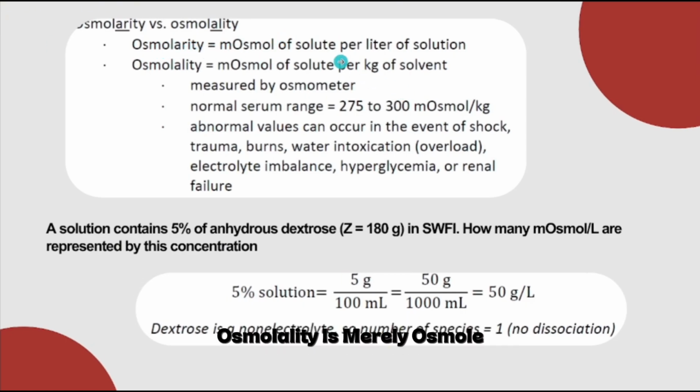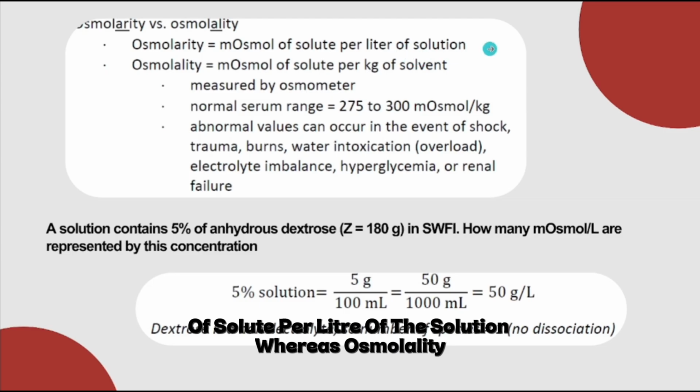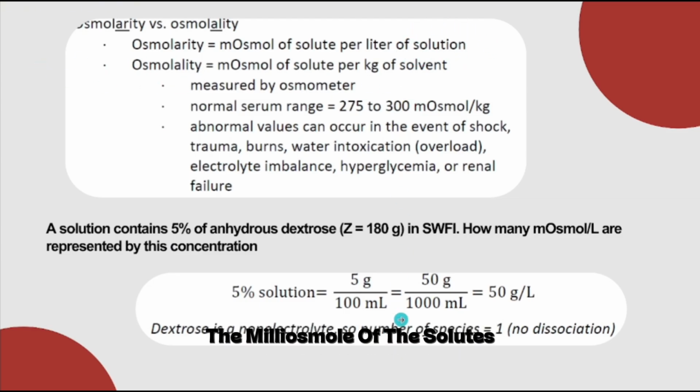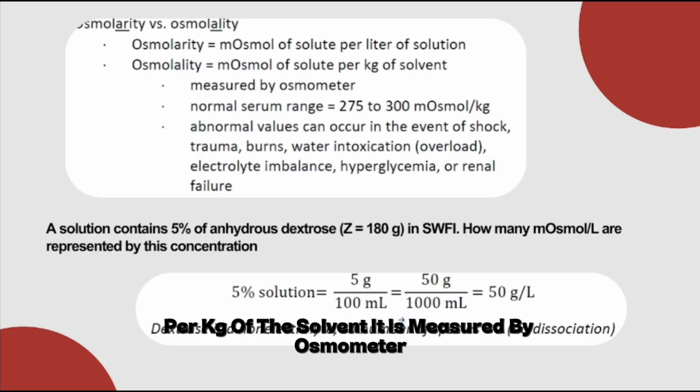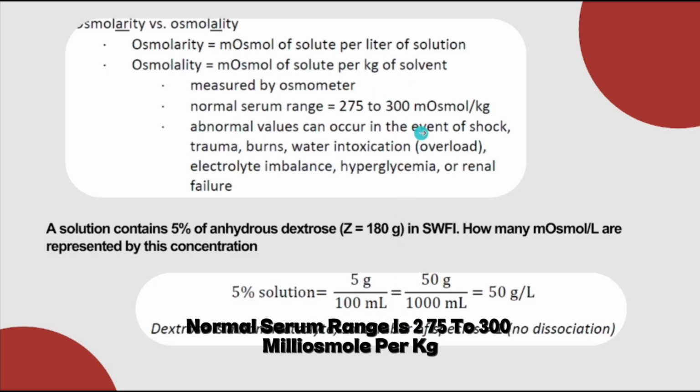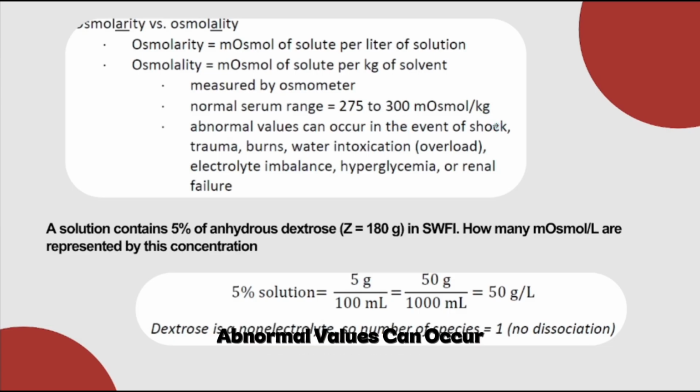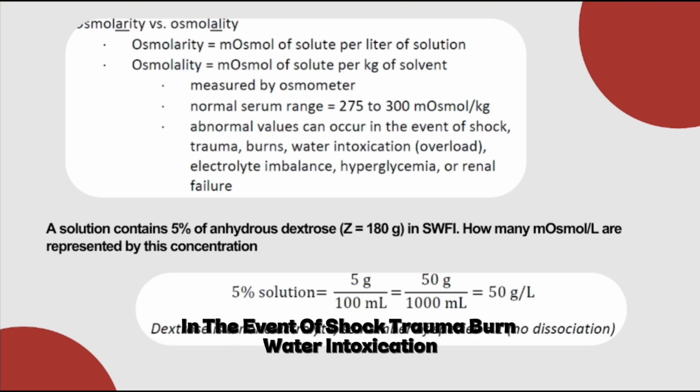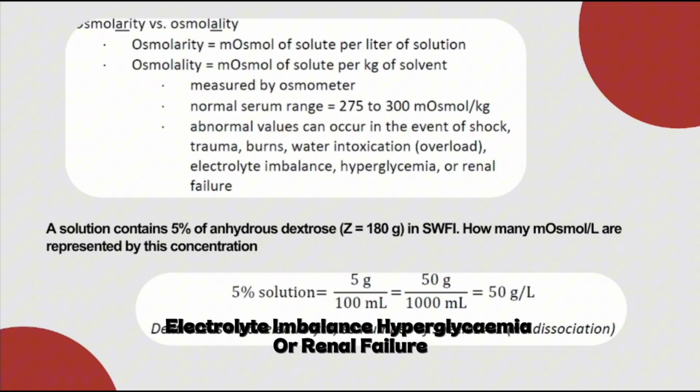Osmolarity is milliosmol of solute per liter of the solution, whereas osmolality is milliosmol of the solutes per kg of the solvent. It is measured by an osmometer. Normal serum range is 275 to 300 milliosmol per kg. Abnormal values can occur in the event of shock, trauma, burn, water intoxication, electrolyte imbalance, hyperglycemia, or renal failure.